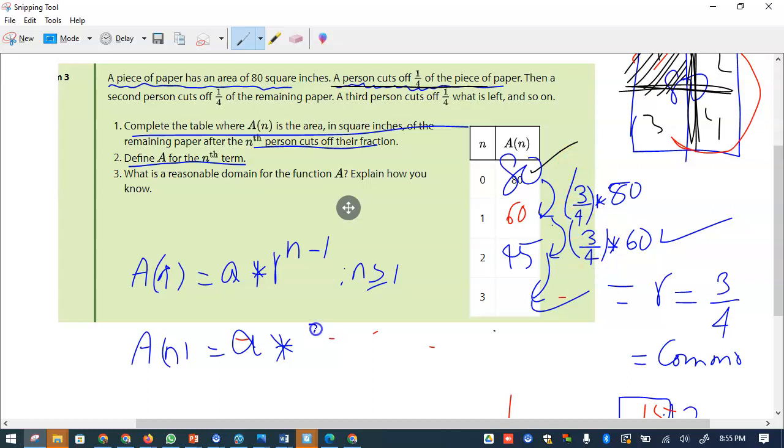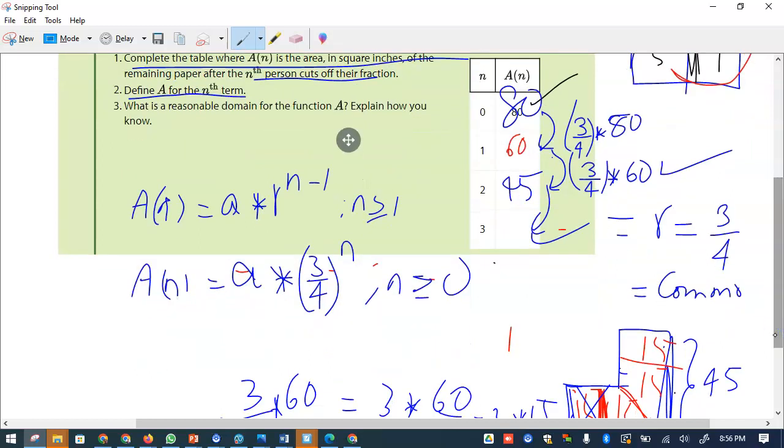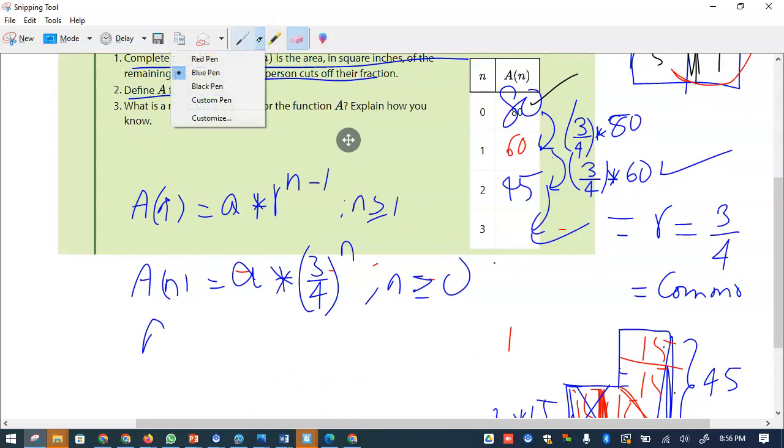See? So how many 3/4 are you multiplying is, if it is 0, then you just write n and you say n greater than or equal to 0. And now the answer. So how do we write the answer is you write A, the area of the piece of paper after n times.